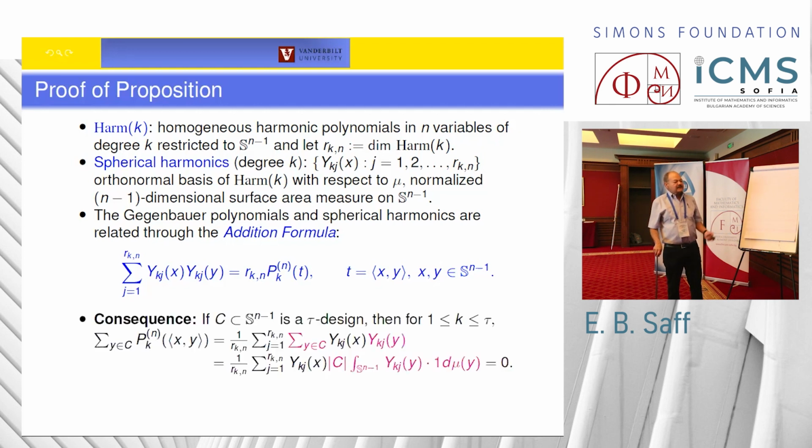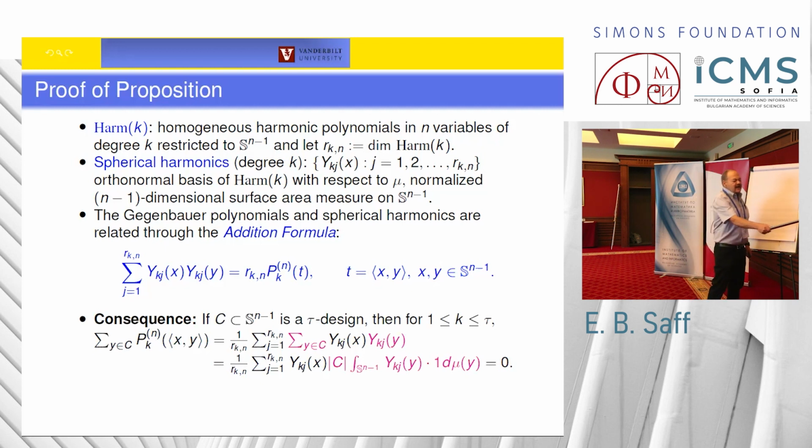All right, so let's look at a consequence of this. A simple consequence is the following. Let's start off with a tau design. Okay, so C is a tau design, and k here is between 1 and tau. And let's look for the moment at this discrete potential, where I look at a Gegenbauer polynomial of degree k, and I sum up over all points y in our code C. I can write this sum if I replace the polynomial here by the addition formula representation of it.